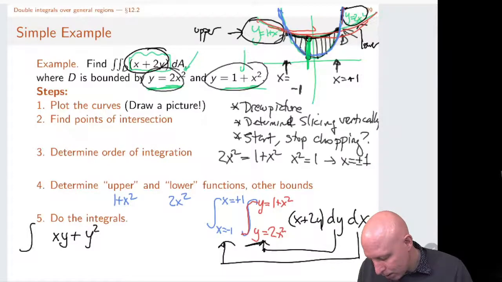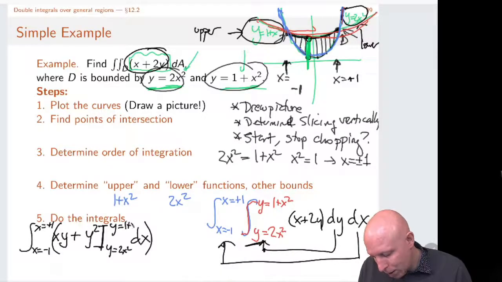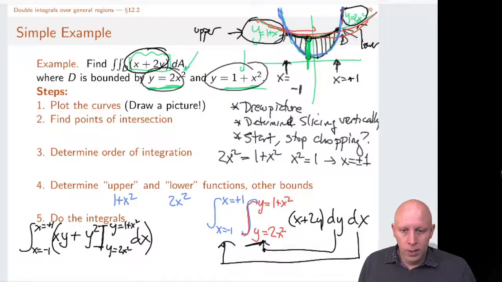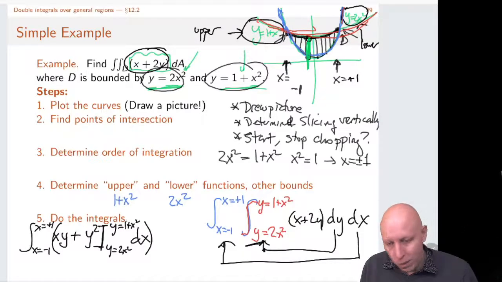So we still have our x integral on the outside, but the inner one is evaluated from y is equal to 2x squared to y is equal to 1 plus x squared. So now we substitute, they're not constants anymore, they're actually functions, and we substitute them in for y.